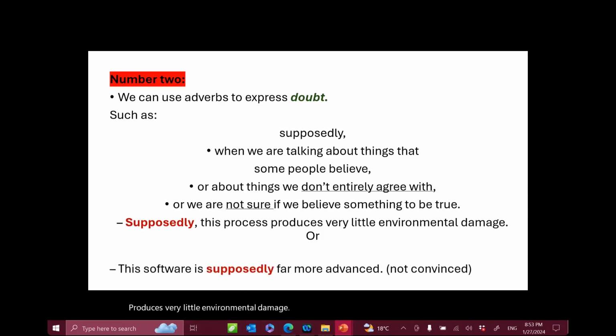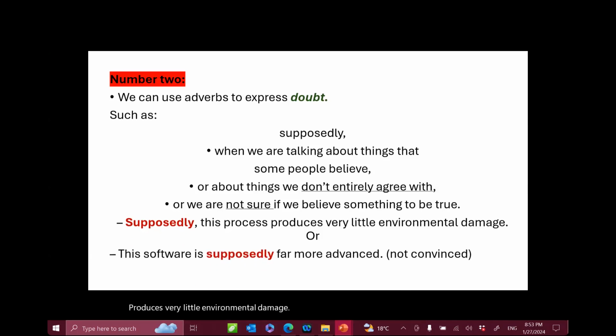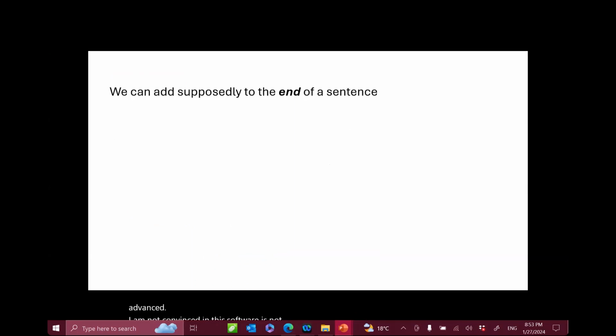Or this software is supposedly far more advanced. Here I am not convinced. It says that this software is supposedly far more advanced. It's not advanced. I am not convinced. No, this software is not advanced. Okay.